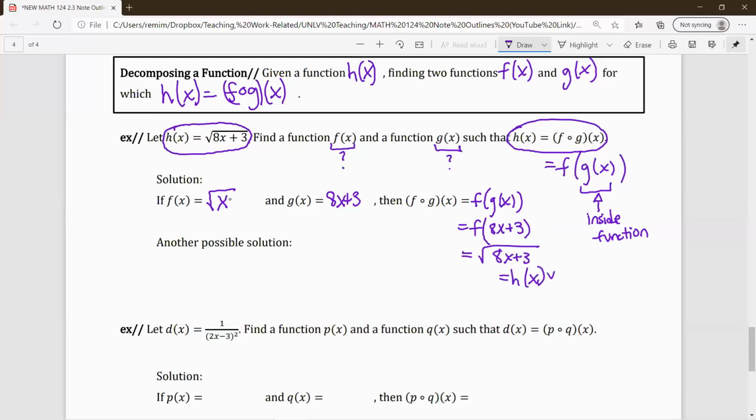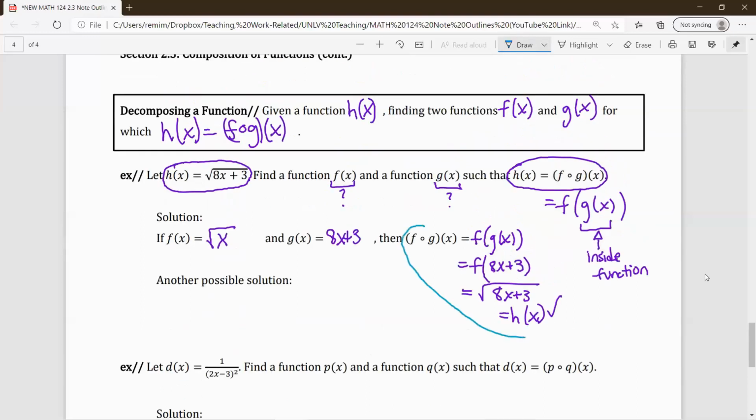That is equal to the original h of x that the question wanted us to work with. All right, so this part over here is basically checking our answer.